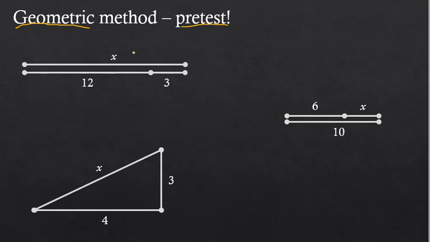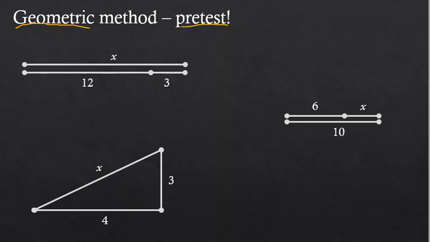Each one is different. What I want you to do is look at the given information, think back to geometry, and find the value for x in each of these situations. Some of them will be pretty quick. This last one down here might be a little tricky, but I'm going to give you about 20 seconds.